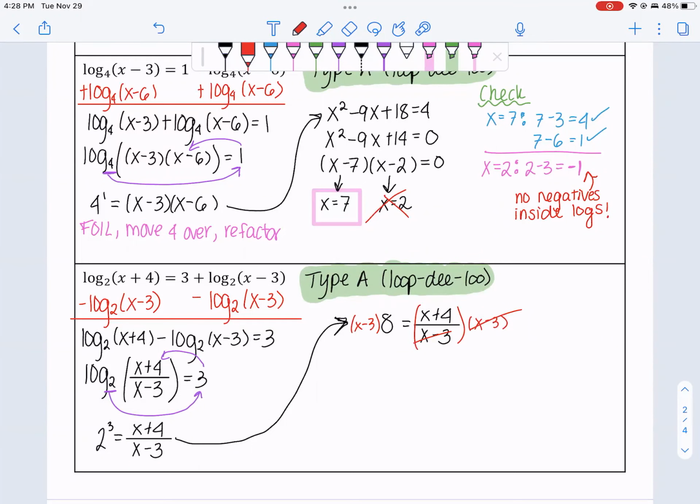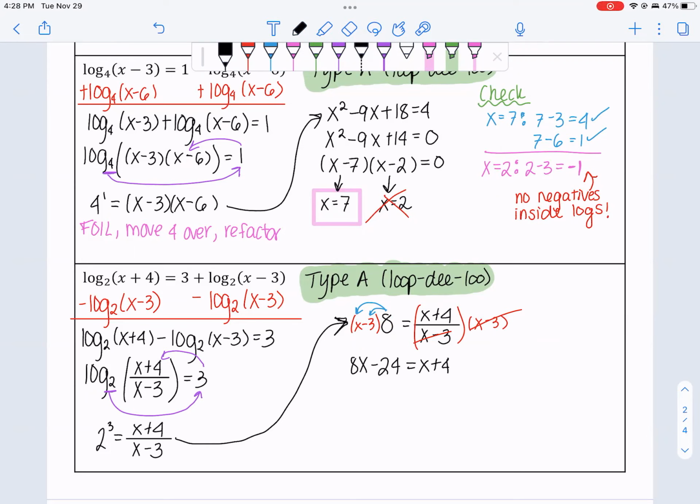So we're going to multiply both sides by x minus 3. On this side, we have 8 times x minus 3. If I distribute, I get 8x minus 24 is equal to, on the other side, x plus 4.